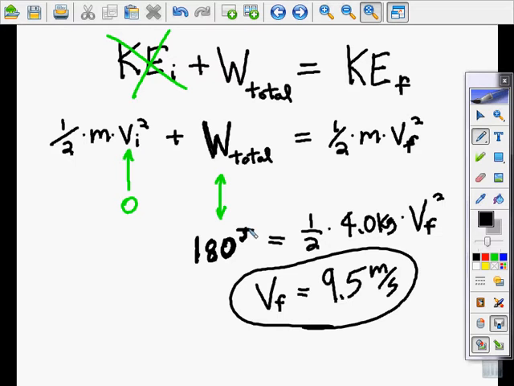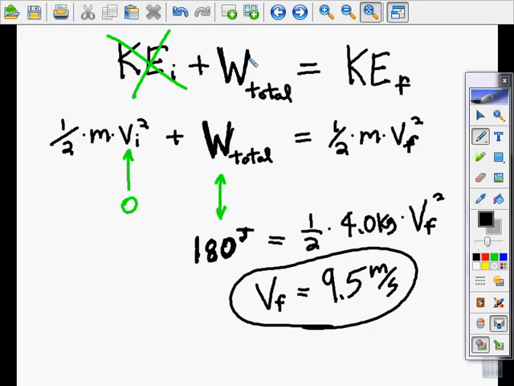So we have our new handy dandy work energy formula. But here's what we're going to do next. You see this total work? We're going to break that work down into 2 categories: the non-conservative work and the conservative work.